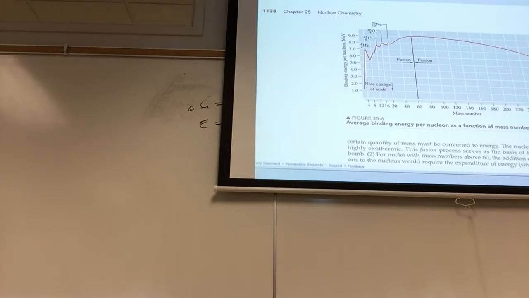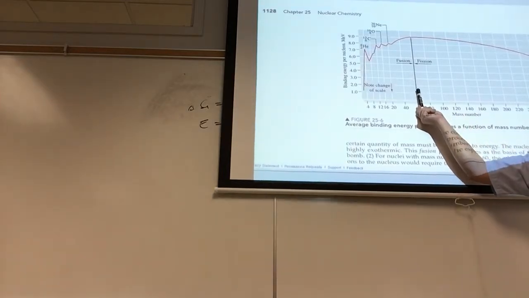Is that 60 nucleons? No. This is not. This is Z of 60. What would have around 60 nucleons? Tell me what element. Yeah, zinc or copper, nickel, cobalt, iron. These species are going to have the most stable nucleus.